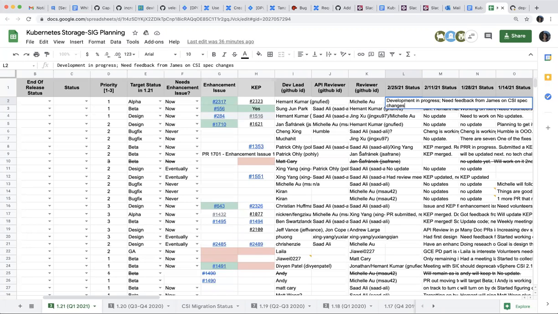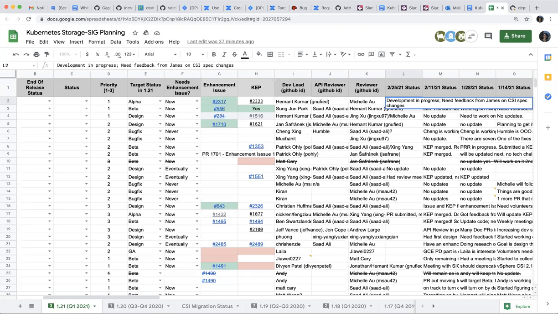Okay. Should we go ahead and cut CSI without this, or should we delay? I think there are some other changes pending, also not merged yet.